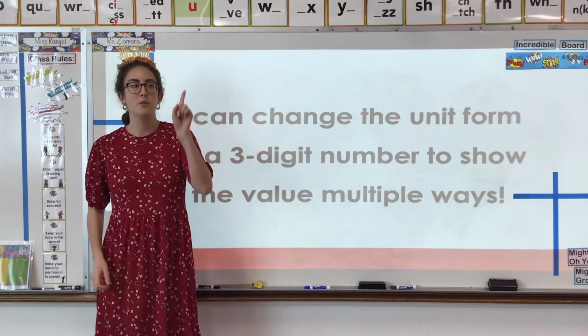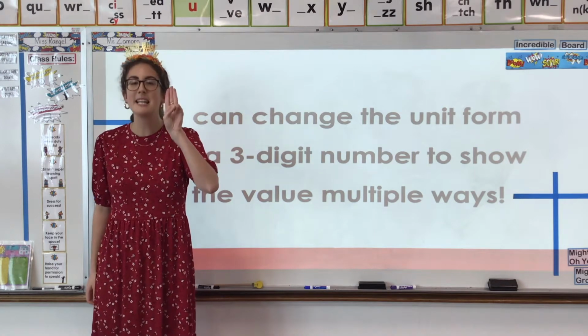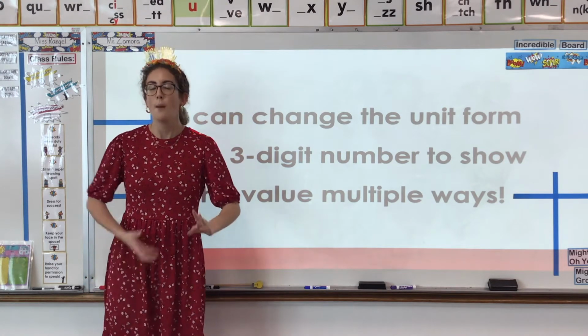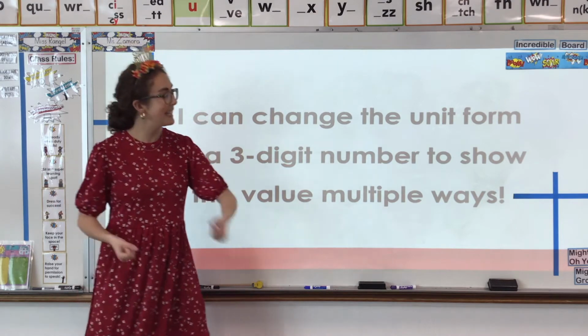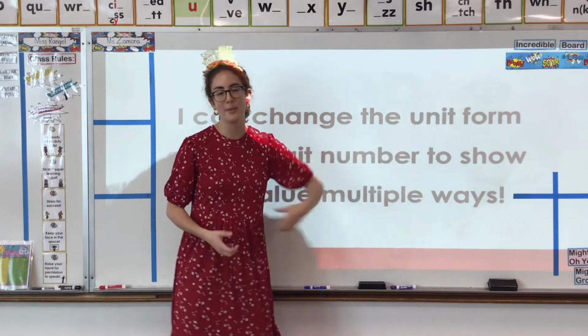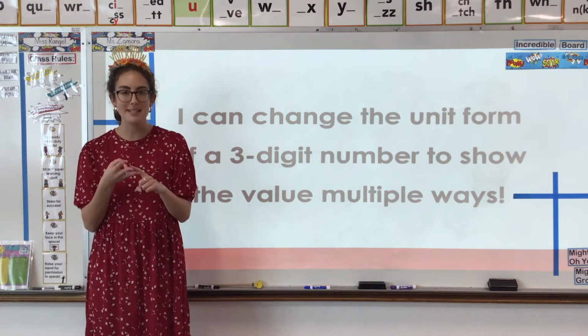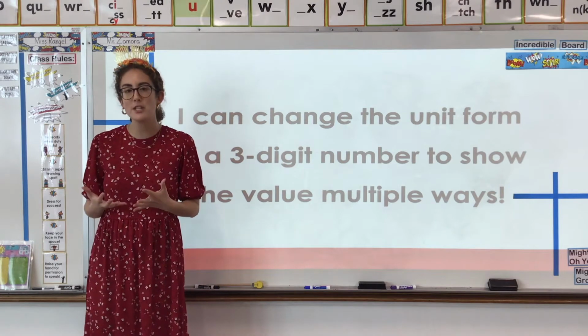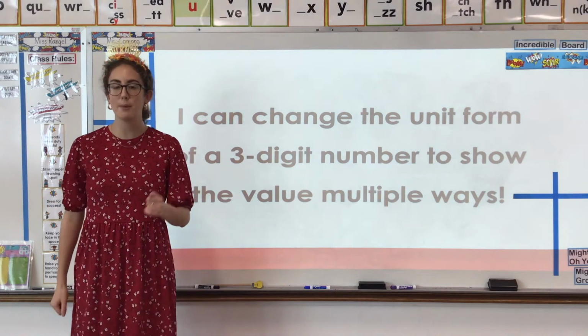The digits 1, 2, 3, altogether the value is 123. But we can show that value in different groups, in different unit form, different amounts of hundreds, tens, and ones. And that's what we're going to change around, play with today to show all the possibilities with numbers.